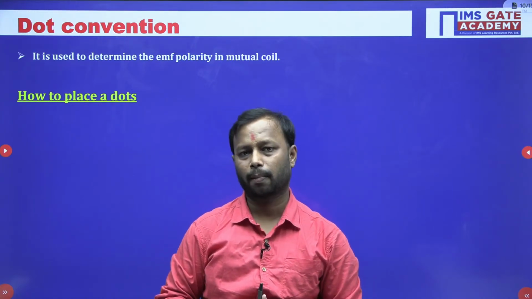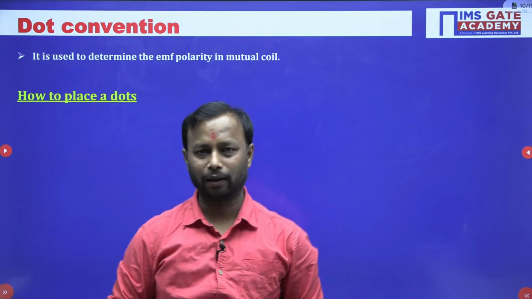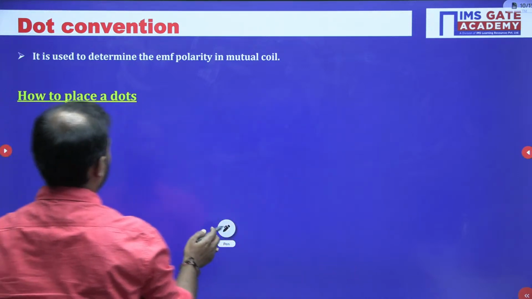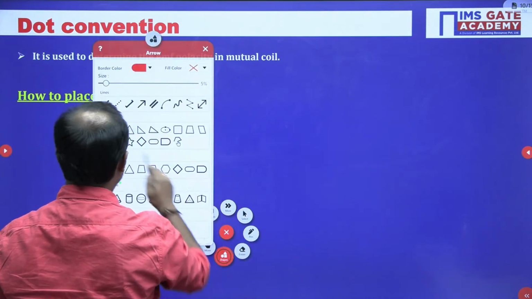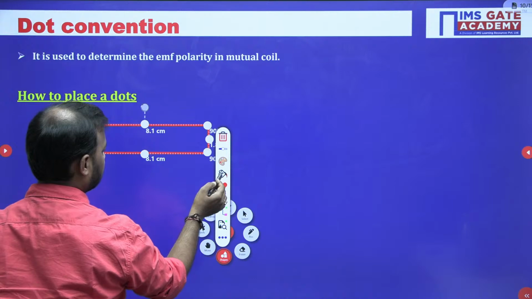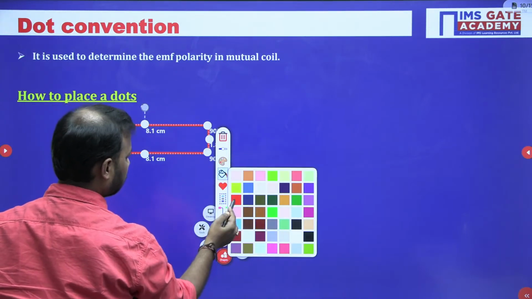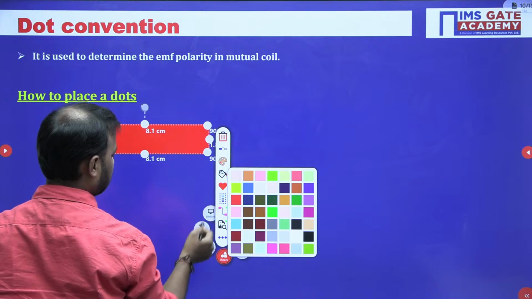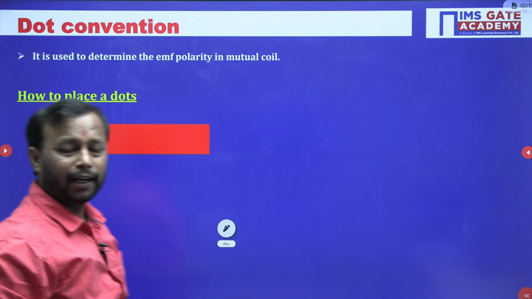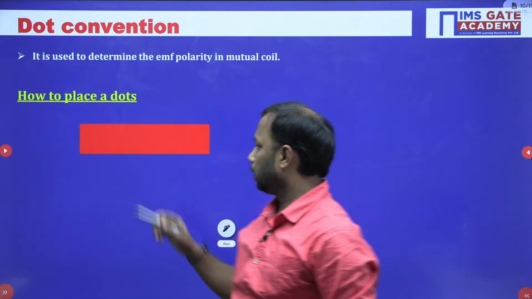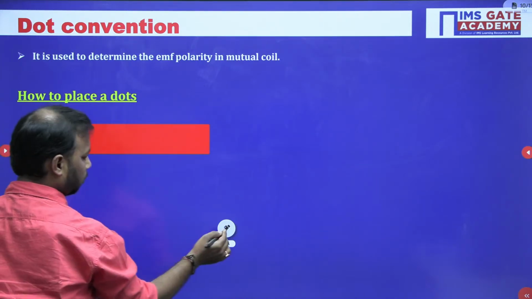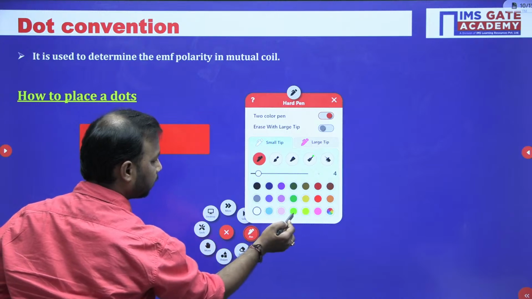I know you may not have understood this, so I am explaining, look carefully here. Let me take one example. Suppose this is your iron piece. In this iron piece, you are going to have two coils.